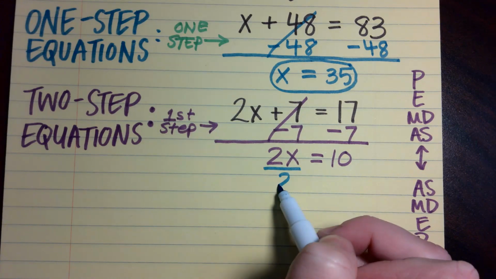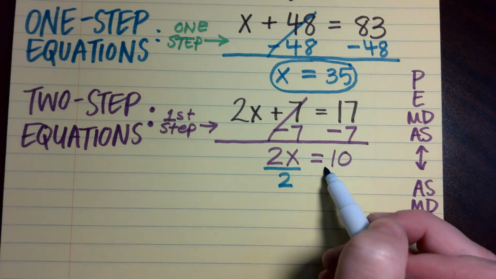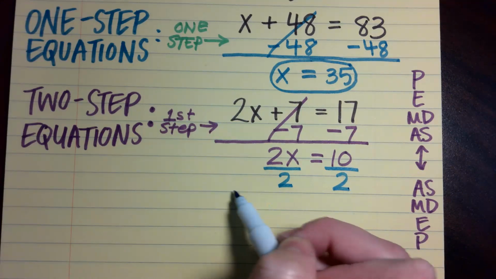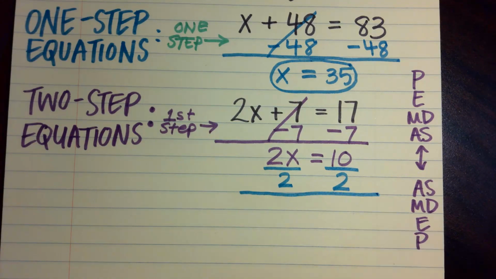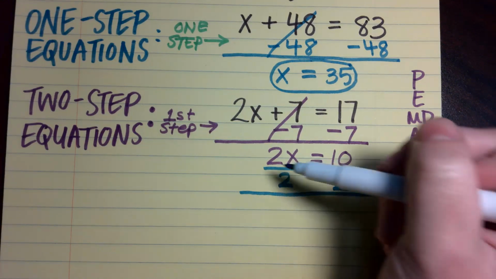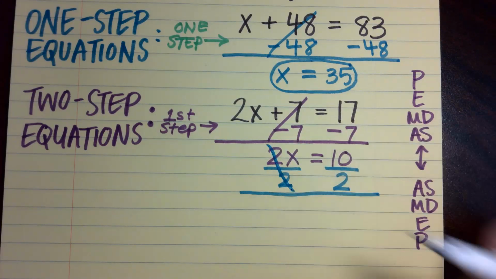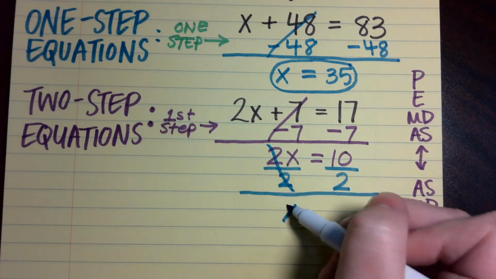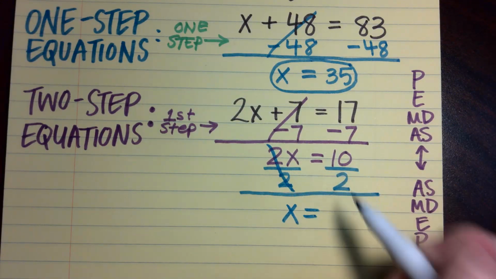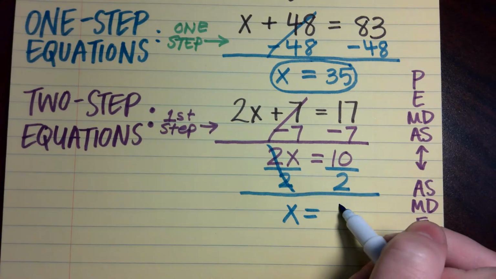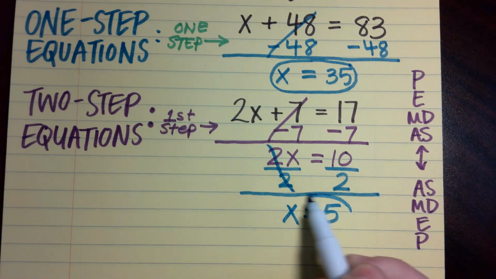We're going to divide this side by 2 and the other side by 2. So my 2's cancel. I'll bring down my x and my equal, and 10 divided by 2, Diana said it, it's 5.